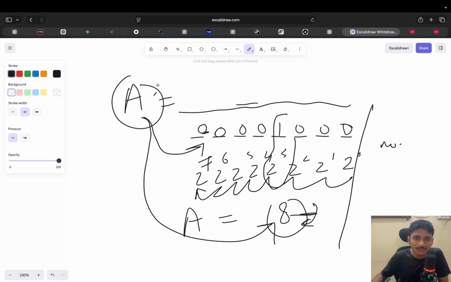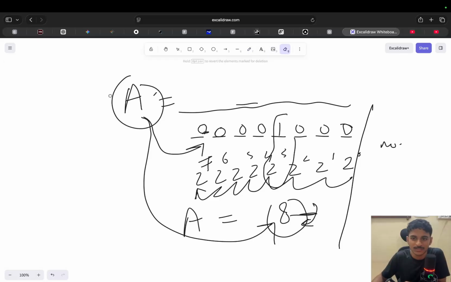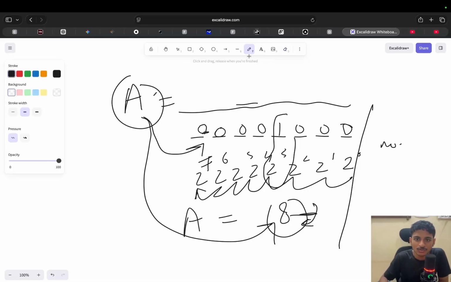So a standard way for this notation, like, see, I have assumed this, and some other person who will teach in his lecture may change the 0 0 0 0 1 0 0 0 to 1 here, or maybe 1 here, or maybe 0 here and 1 here.